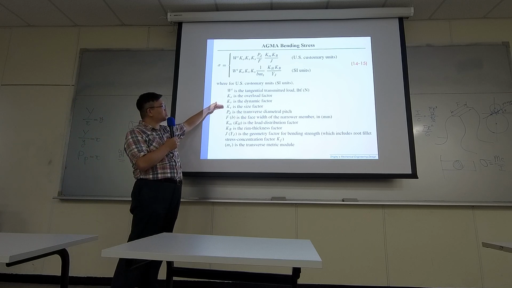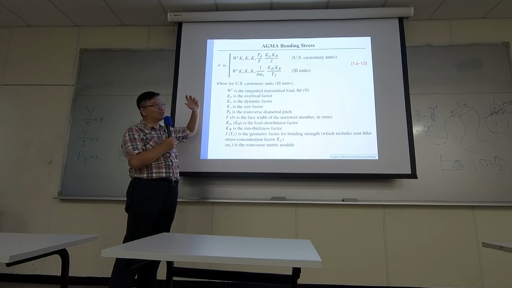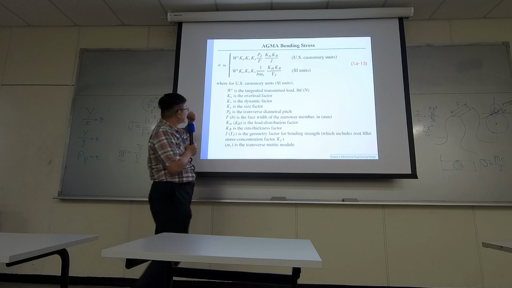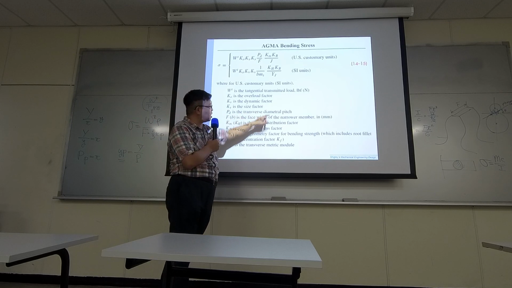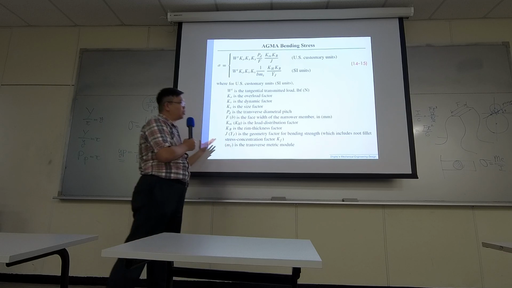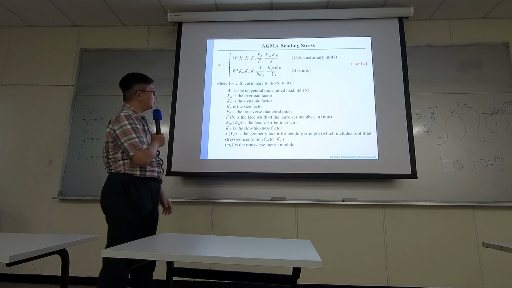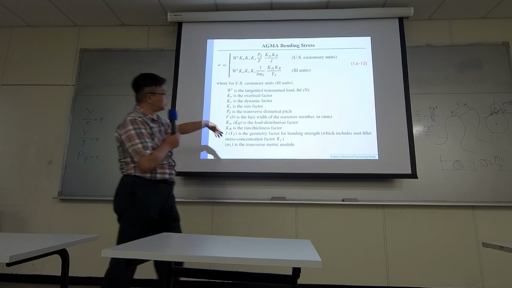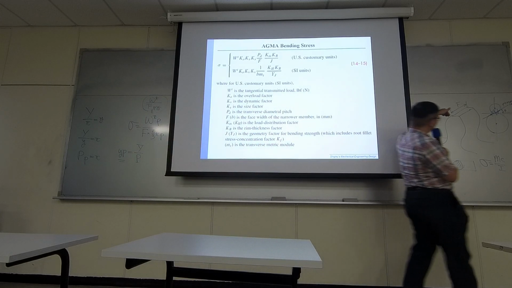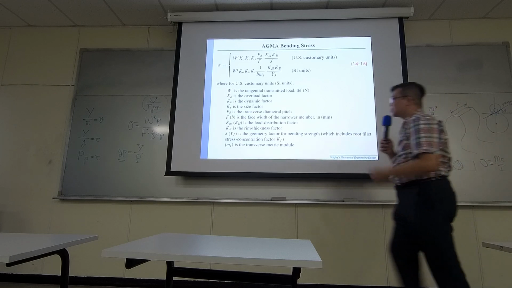So they use this factor to correct it. Now, capital P basically is the capital P we know, the diametral pitch. Okay. F is basically the same F, the width right here, same F.